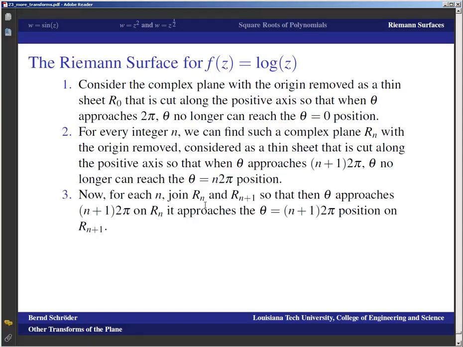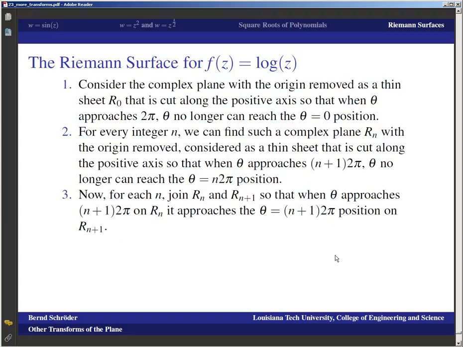If we now, for every n, join Riemann n and Riemann n plus 1, so that when theta approaches n times 2 pi on Rn, then it approaches the theta equals (n plus 1) times 2 pi position on the (n plus 1)th part of the Riemann surface. And let me say then really quick. Okay, right, so I have to say when here, not then.